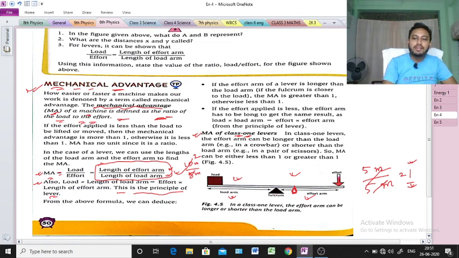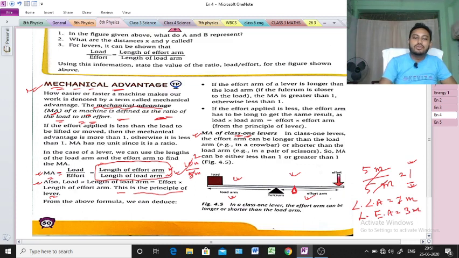Clear? If you compare load arm by effort arm, let's say in that particular point of time the length of the load arm is 7 meter, just imagine, and the length of the effort arm is 3 meter.